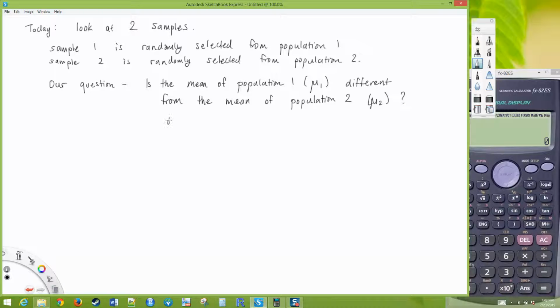Okay, or symbolically we can write it, and that's what we want to know.